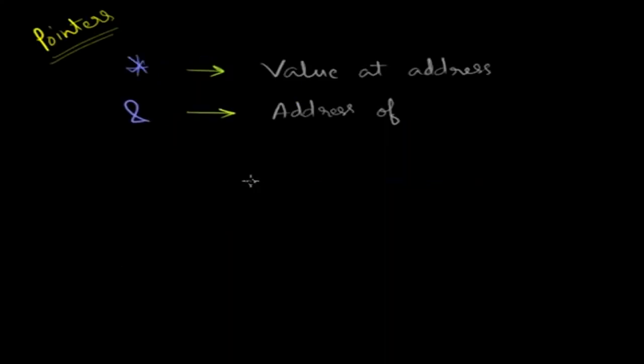So what we have learned so far in pointers is this: the star or the asterisk is the value at address operator. It gives the value at an address, and the AND operator, that is the address of operator, gives the address of a variable. Now consider the following program segment.